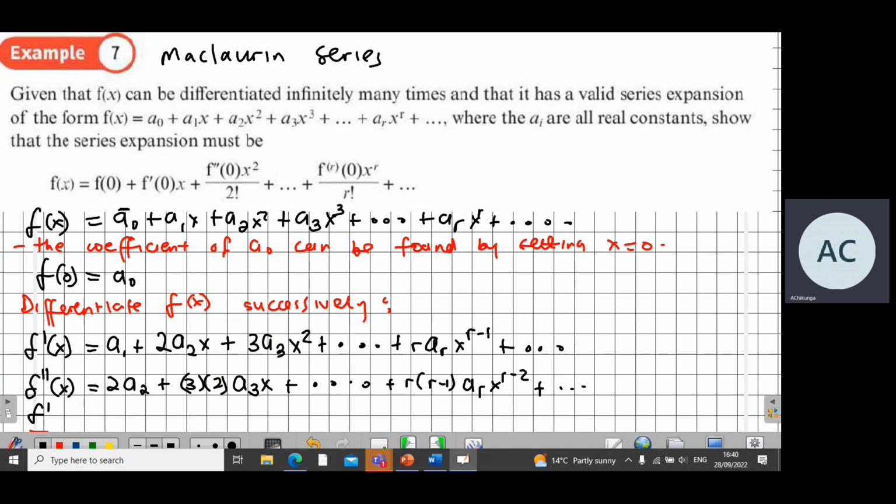I'll just do it for the 3rd time. This becomes 0. Then we are left with 3 times 2 a3 plus, we keep on going, this becomes r times r minus 1 times r minus 2 ar, like that. Likewise, there is a repetition, a shape, a formula, a pattern that is being generated.